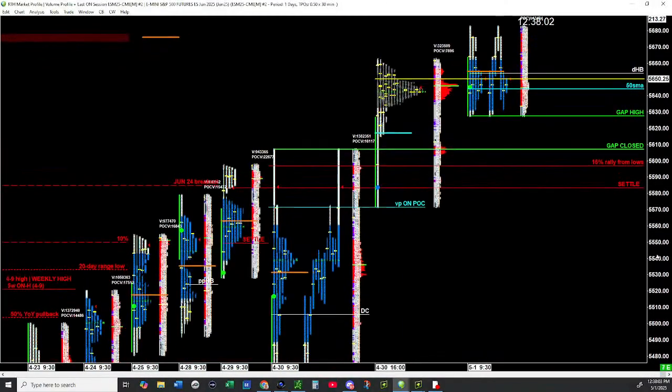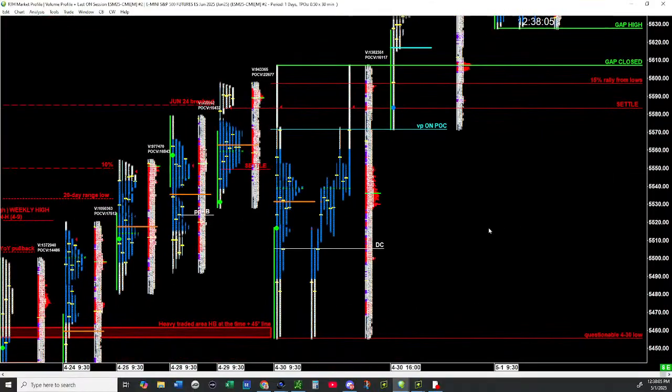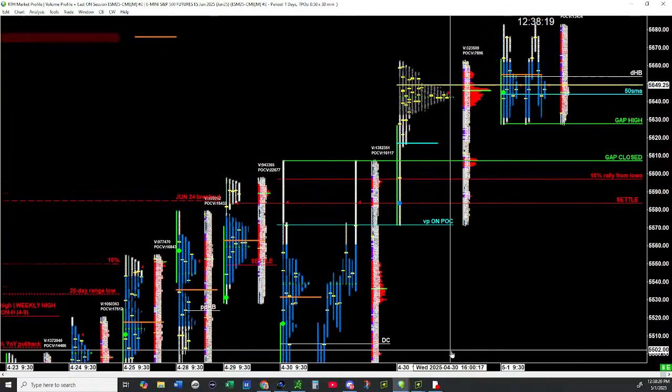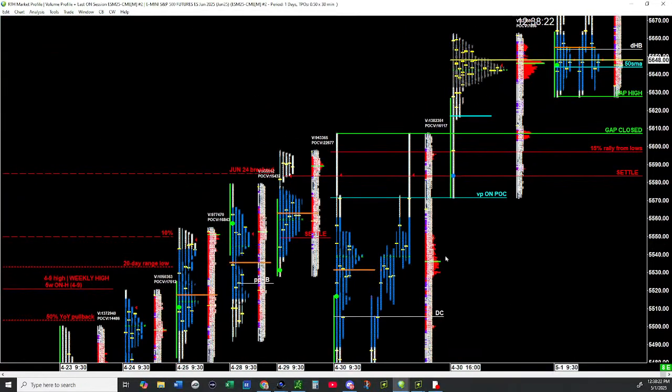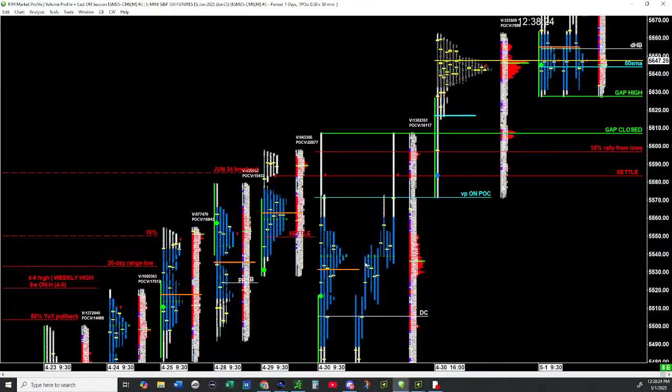I want to recall what happened yesterday. We have something here on the lower side, this heavy traded area, which I highlighted, and it was key for a long time here, right? And the market was just doing some back and forth here.